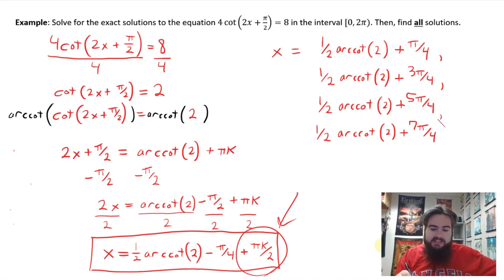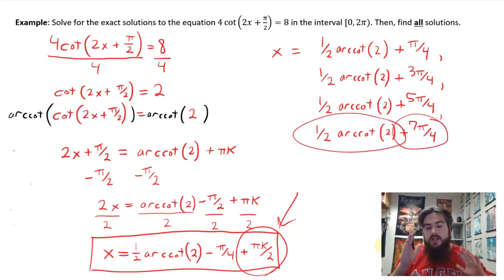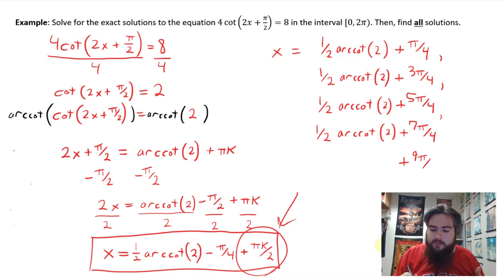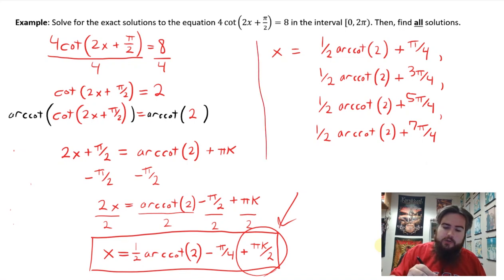That's going to be 7 pi fourths plus something a little bit less than pi fourths. So that for sure is less than 2 pi, which would be 8 pi fourths. However, if I add another pi halves, that is now going to go already beyond 2 pi, as I would now have plus 9 pi fourths, which is in itself more than 2 pi. So I am done generating individual solutions.